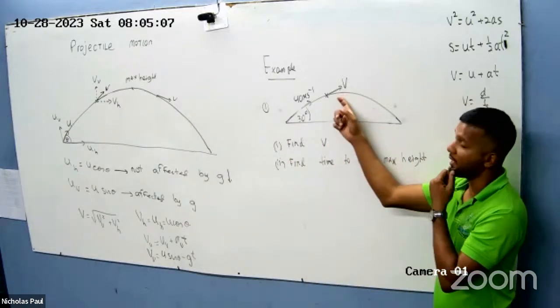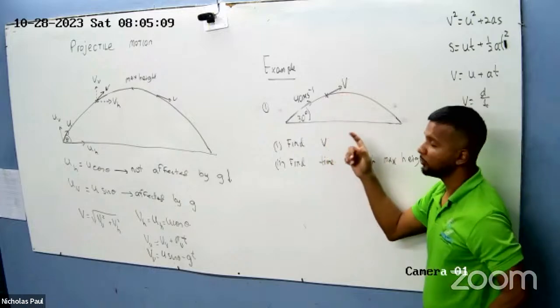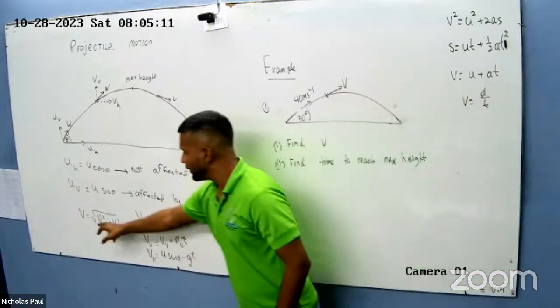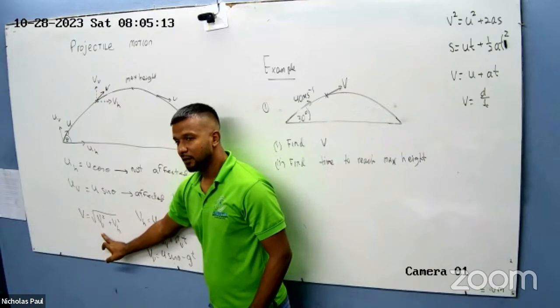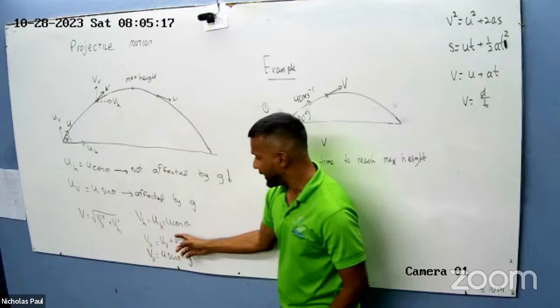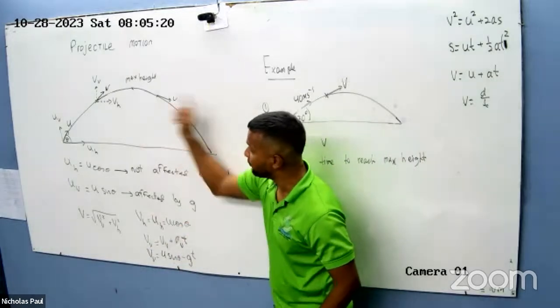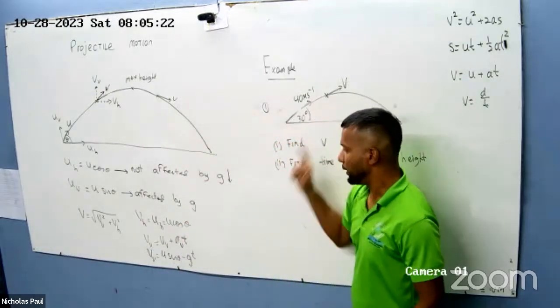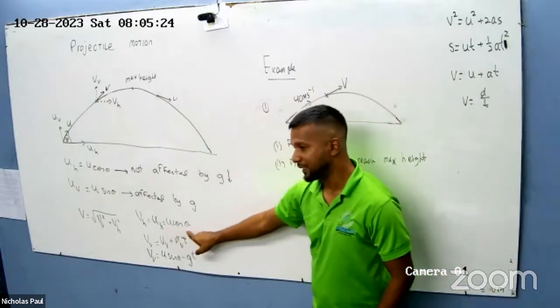So you want to find that velocity V, right? But we can't find V because we need the vertical component and the horizontal. To get the horizontal component of velocity at that point, we need u cos theta.